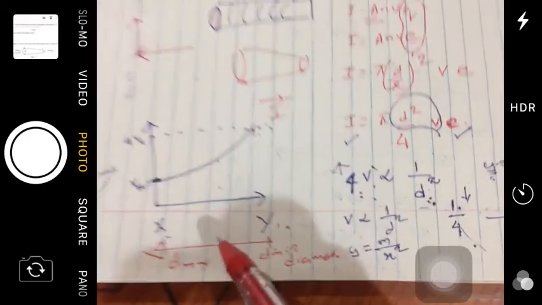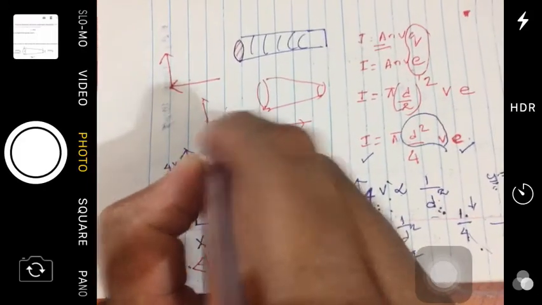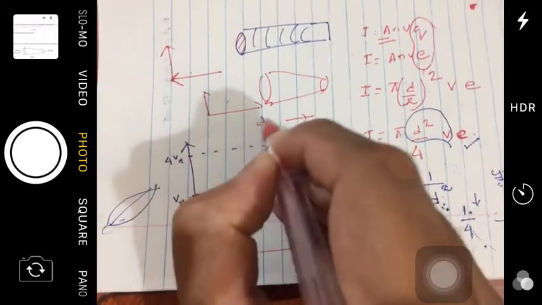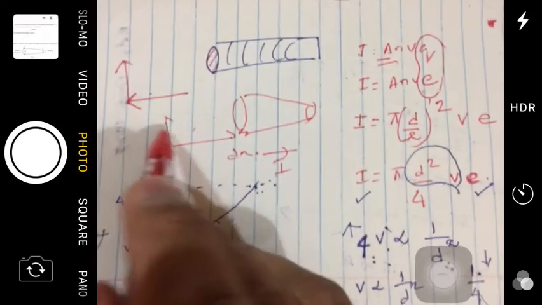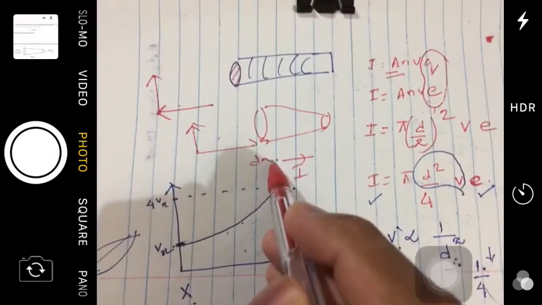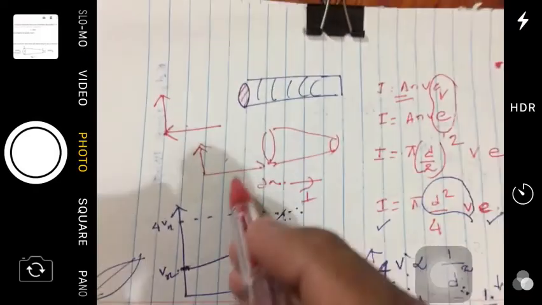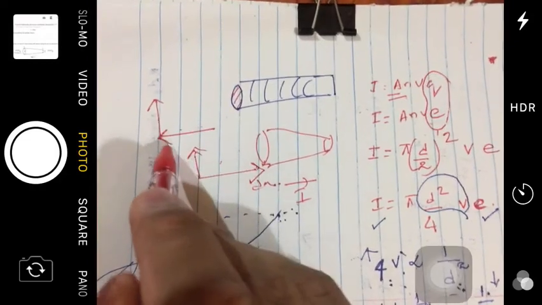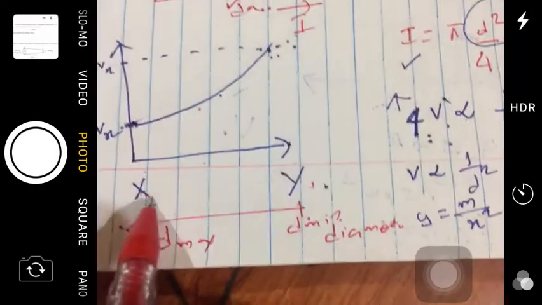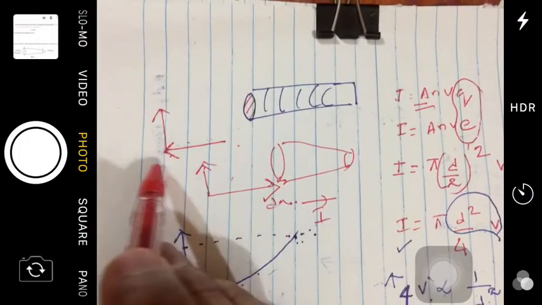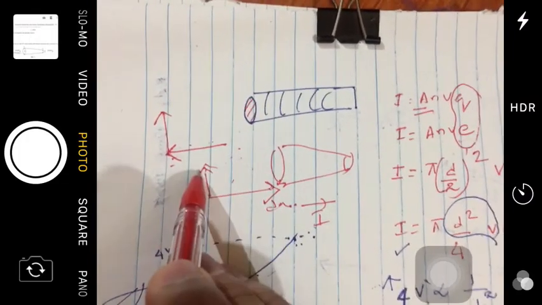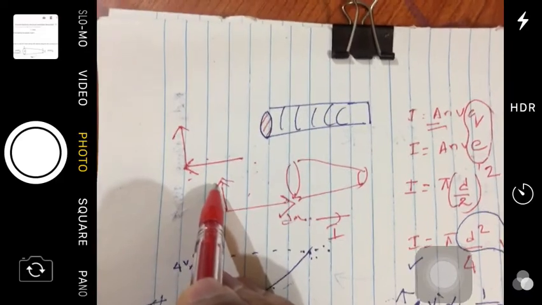So be careful. If you draw a graph of v against diameter, then it will not look like this. It would be of the form y is equal to m over x squared, some other shape. This axis here, x to y, means we are talking about a direction: the diameter decreasing direction.